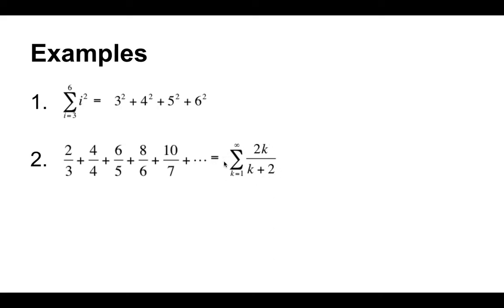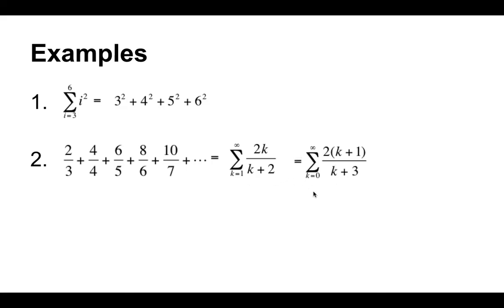In this case, if we start at 1, then the bottom is 2 more than that, and the top is double that. And if you just keep going, you follow the correct pattern. If you're not sure if this is right, just start plugging in a few values of k and make sure you're getting this back. There's nothing that says you have to start at 1 if it's more convenient or makes more sense to start at 0, which is often going to be the case for us, actually.